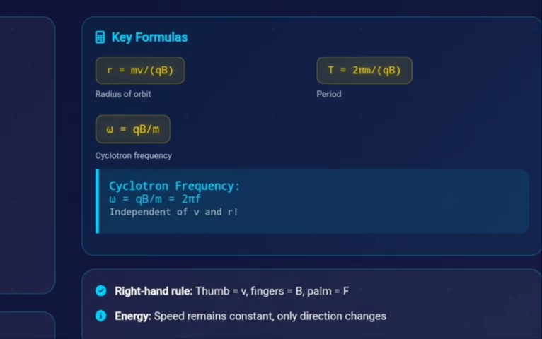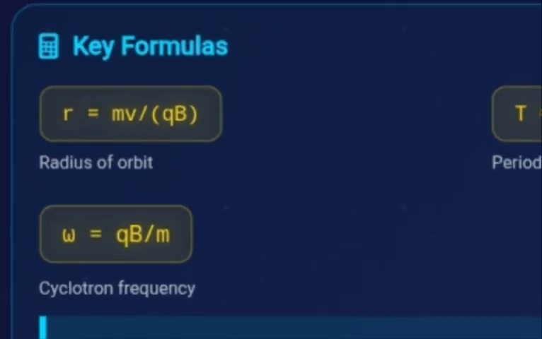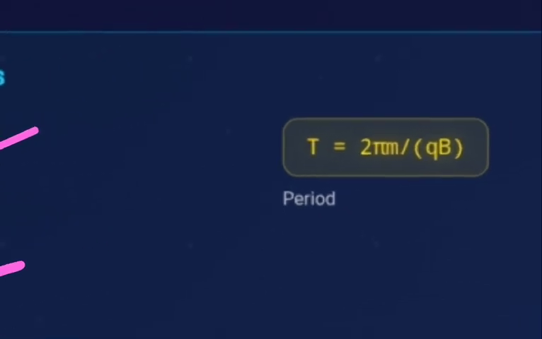Next, here the formula r is equal to mv by qB, omega is equal to qB by m, that is v by r. Then cross multiply, you will get this. Next, time period is equal to 2 pi m by qB.